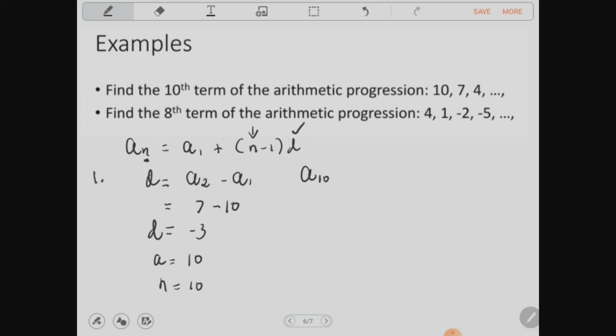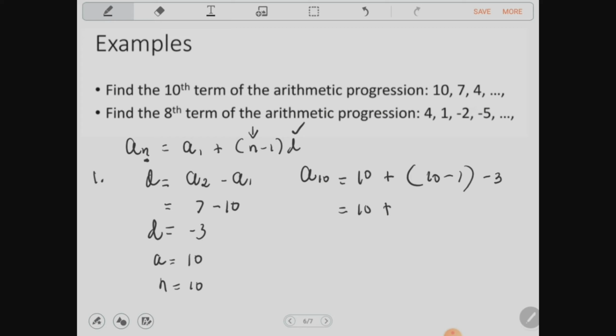So let us now find the 10th term of the arithmetic progression 10, 7, 4, and so forth. We just have to substitute our given: A sub 10 is equal to 10 plus the quantity of n minus 1, which is 10 minus 1, times the common difference, which is negative 3. Let us now simplify the equation.